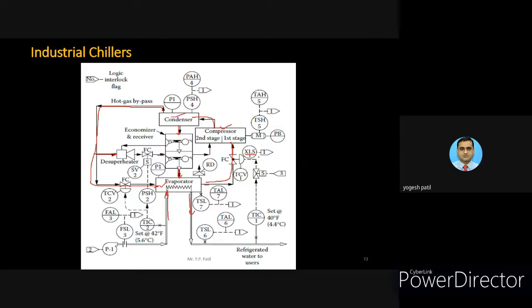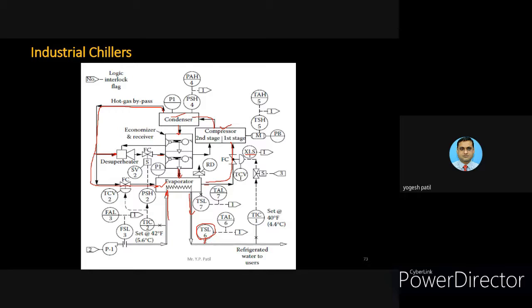Then TSL6, where is TSL6? You can see TSL6 here at the bottom. This TSL6 is connected in the refrigerant water line to the users. What is the purpose of this?